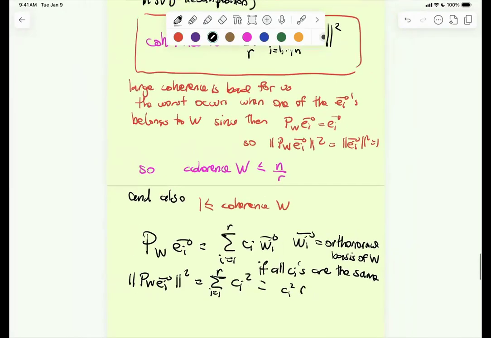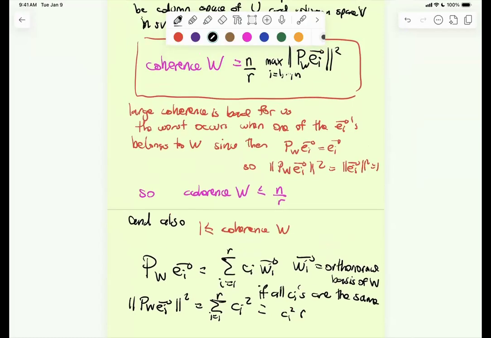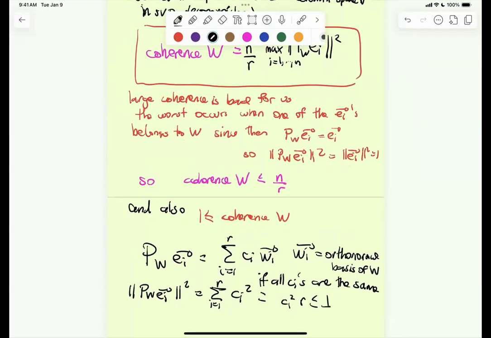Okay, so that's why you divide by r, so that this r cancels this r, and then each of the c_1 squares, the most they could be would be 1/n times r, again by Pythagoras, because it is in a vector space of dimension n, and you can extend this basis of W to a basis of the entire R^n, and then if it's completely random, each of the coefficient squares would have 1/n of the total length of the vector.